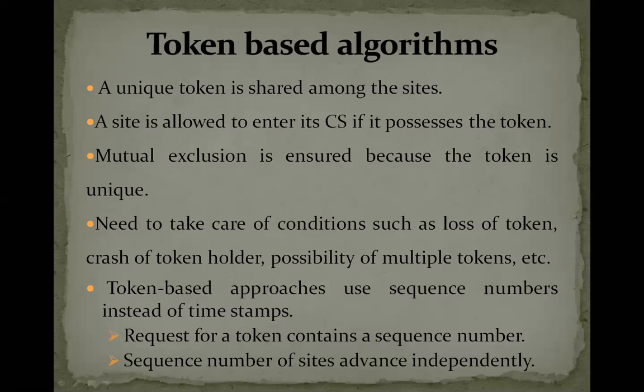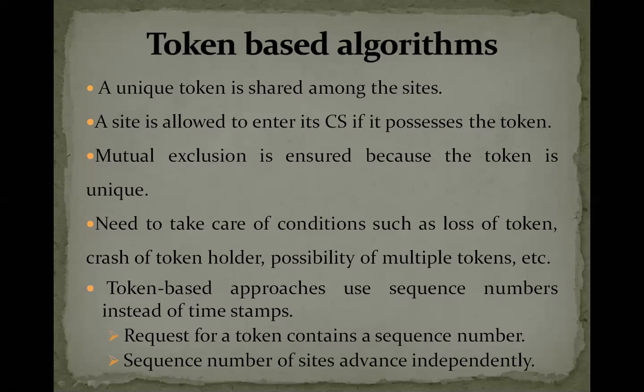The proof that the token-based algorithm is going to work, that it is going to resolve the mutual exclusion problem, is this: once a site is requesting the token and the token has been received, it will not give the release message until it is executing its critical section.